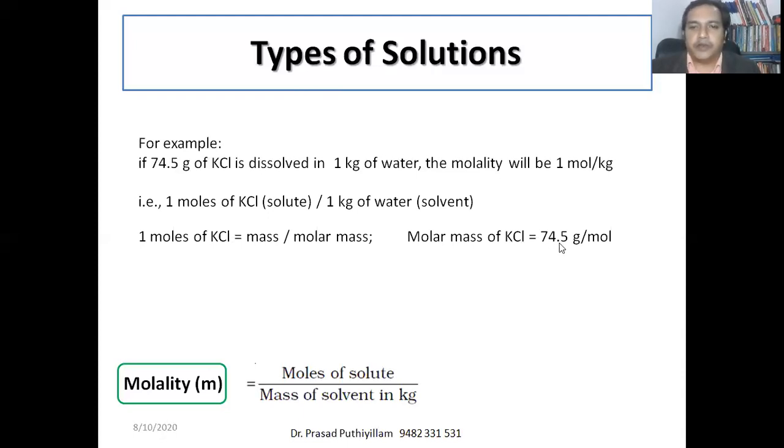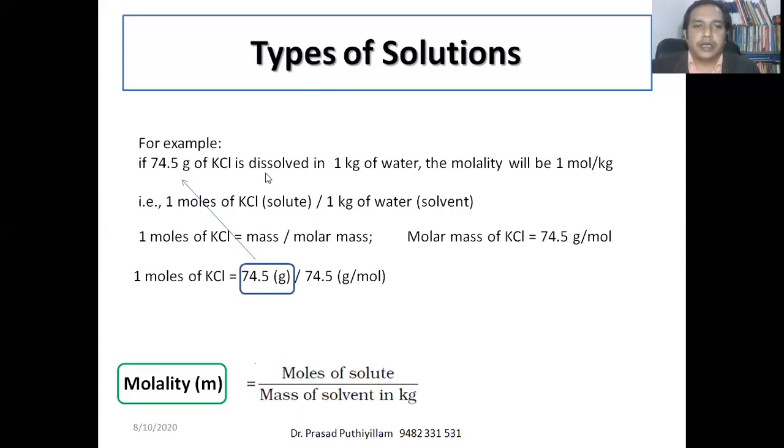So to get the value 1 mole of KCl, it should be 74.5 divided by 74.5. That means 74.5 gram of KCl is dissolved in 1 kilogram of water to get a molality of 1.